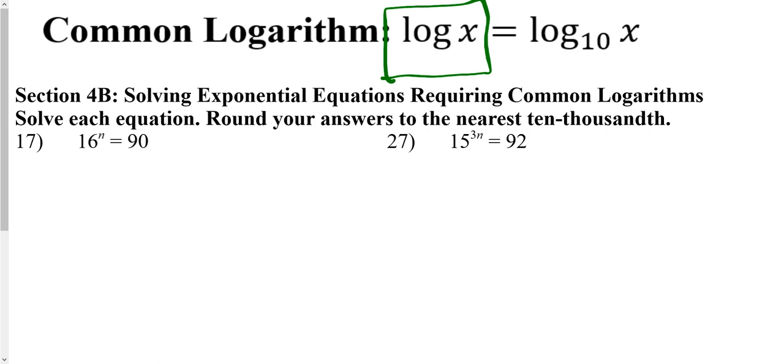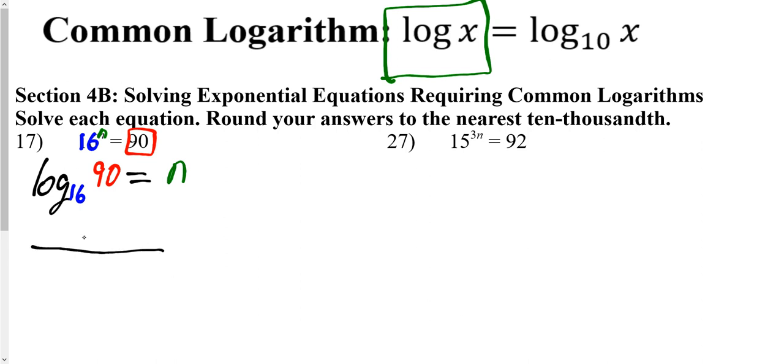Now, you'll notice that we have here 16 to the power is equal to 90. This is the exponential form. We could rewrite this in the log form using our definition of a logarithm. We would go log of our base, which is the 16. Your exponent goes on the other side all by itself. What was on the other side all by itself goes after your log. Now, this is log base 16. Remember, your calculator only uses log base 10, so we have to use our change of base formula.